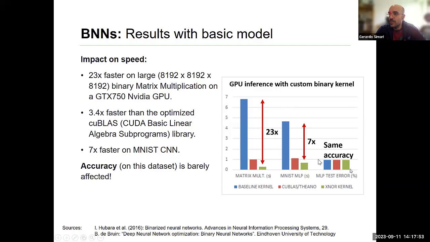This is not a very nice way of combining graphs, because the bars look exactly the same here, but it's a matter of scale. It's not exactly the same accuracy, but it's on par. So it's barely affected.